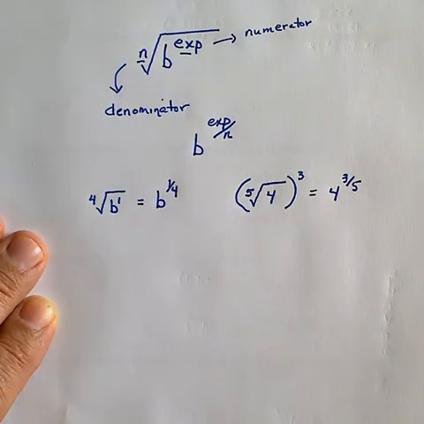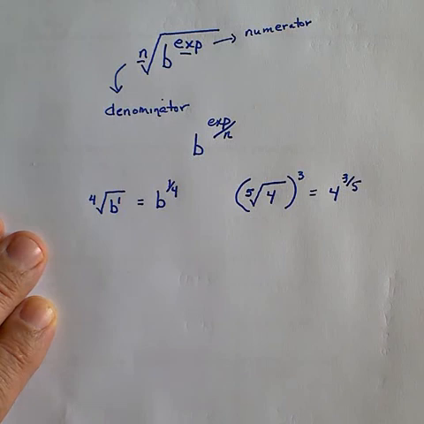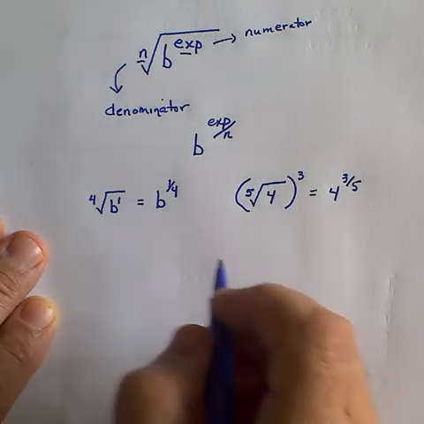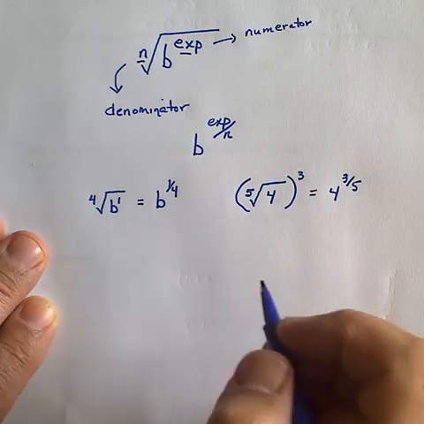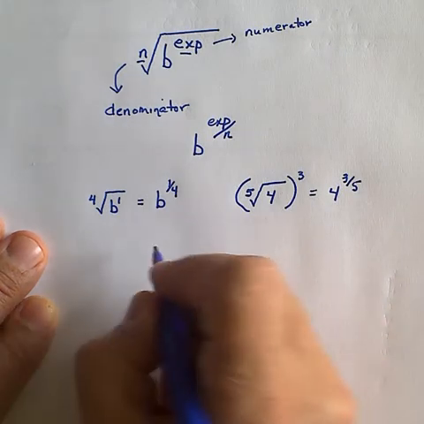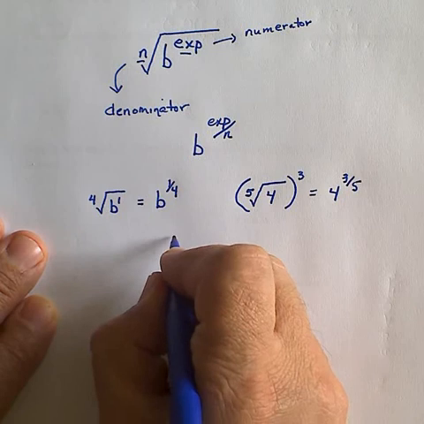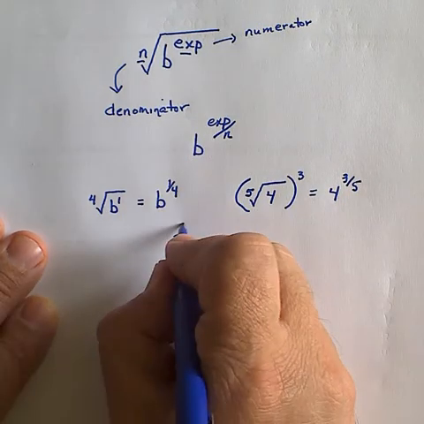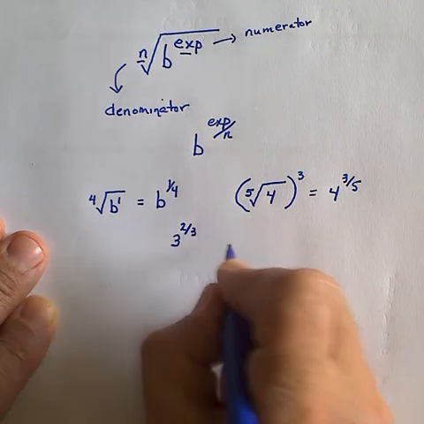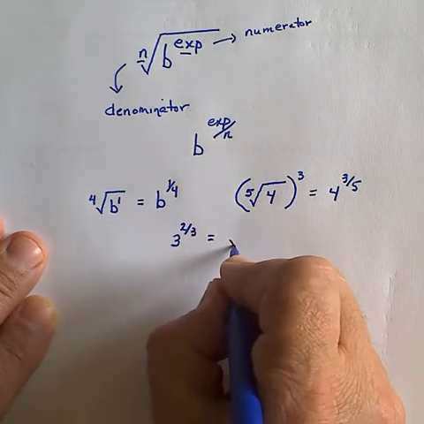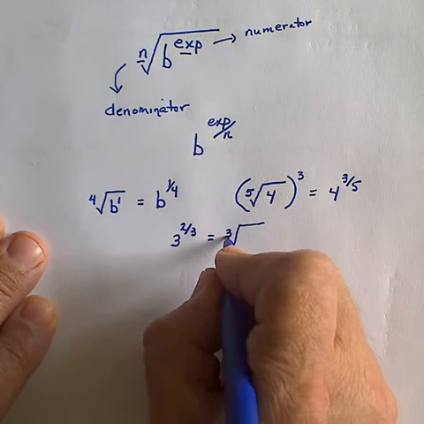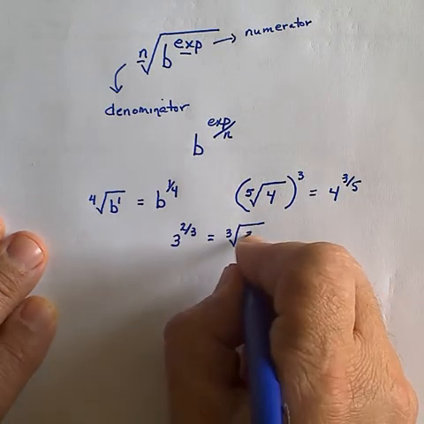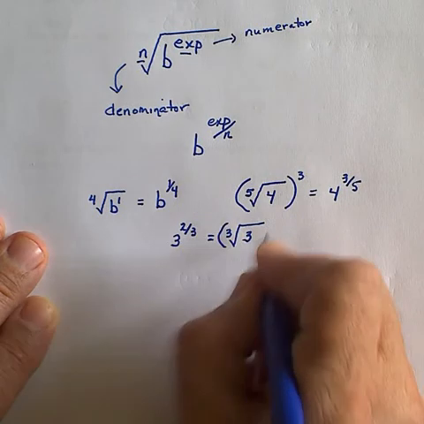Now, going the other direction, something like 3 to the 2/3 power means I want to take the cube root of 3 squared.